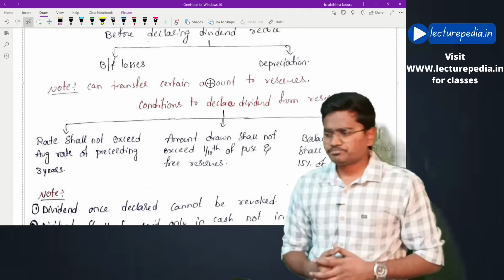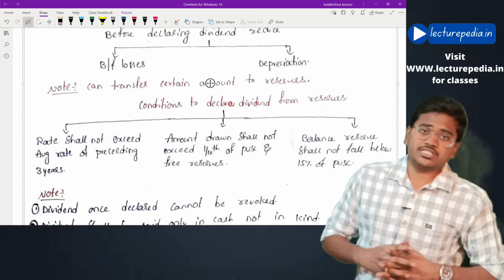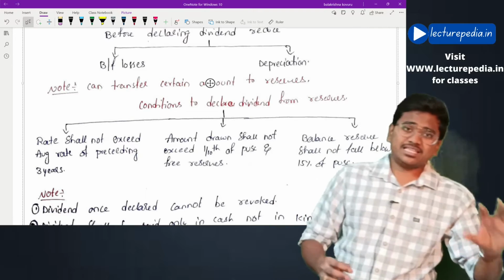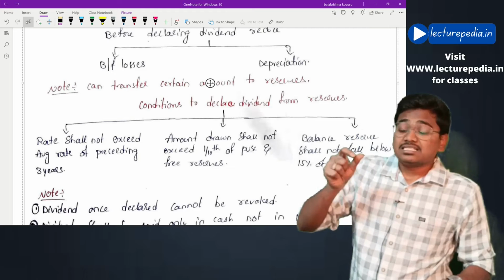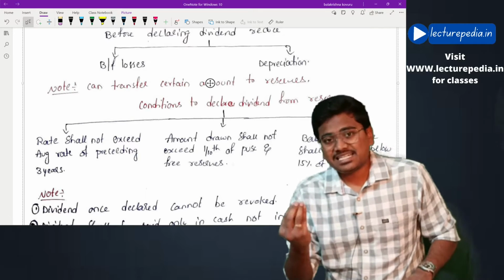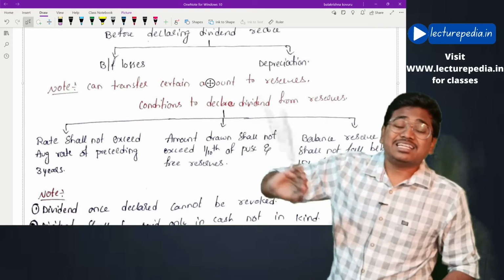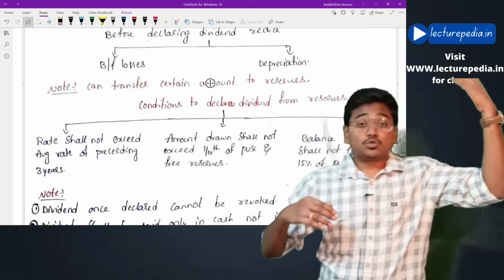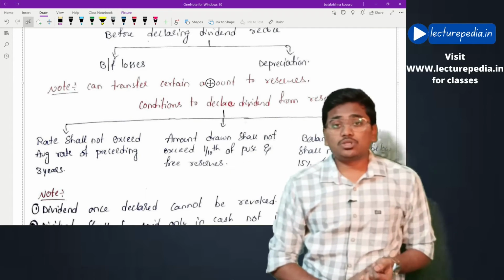And also, let's say the company has earned profit in the current financial year. Now before paying the dividend, if the company wants, it can keep a certain percentage or portion of this profit in the reserves balance, so that in the future if the company makes losses, from those reserves the company can give the dividend.